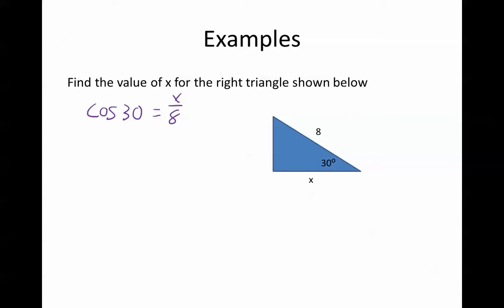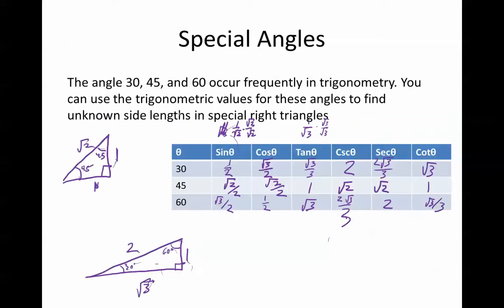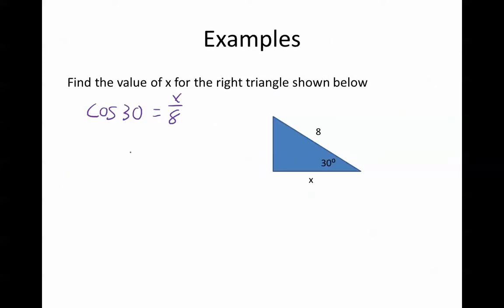But remember, if we go back to this previous page, I know what the cosine of 30 degrees is. The cosine of 30 degrees is root 3 over 2, which means this is root 3 over 2 equals x over 8.